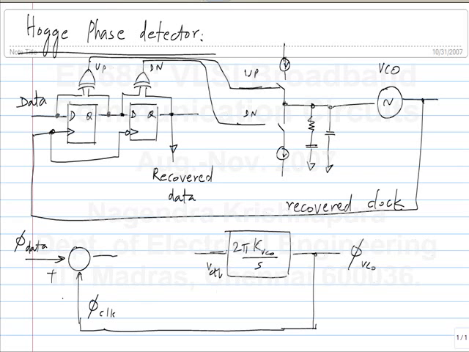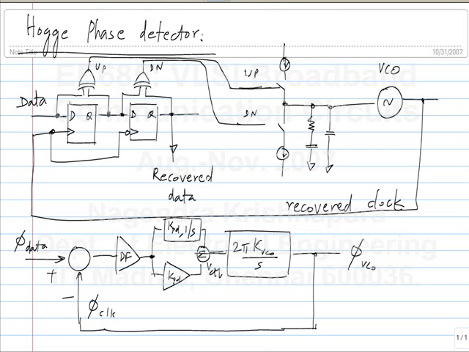and you measure the error between phi data and phi clock and feed it to two paths. Firstly, in the model you need to have a multiplying factor, which is the transition density, and you have two paths, integrating and proportional path, which are added together.